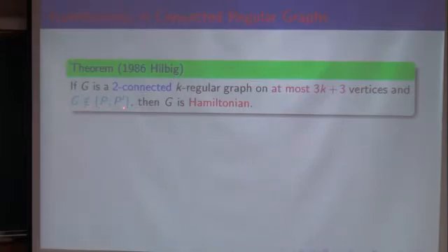But there are two exceptional graphs. One is the Petersen graph. We know that the Petersen graph has no Hamiltonian cycle. And P' is the graph obtained from the Petersen graph by replacing a vertex in P with a complete graph on 3 vertices like this.